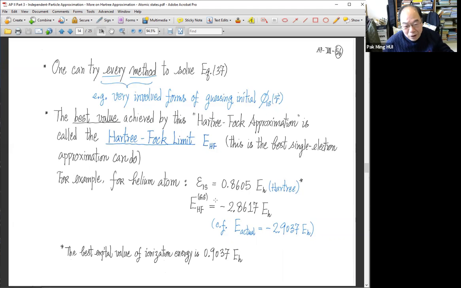But you cannot do anything better within our level of approximation. Here, I also give you another number to compare with as atomic energy. Here is the experimental value of the first ionization energy of helium. It is 0.9. So it is really not too bad in comparison with the ionization energy.